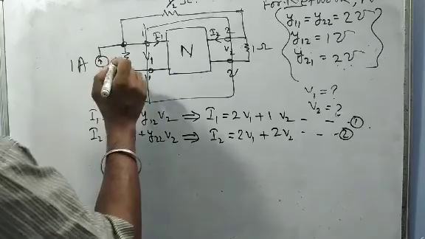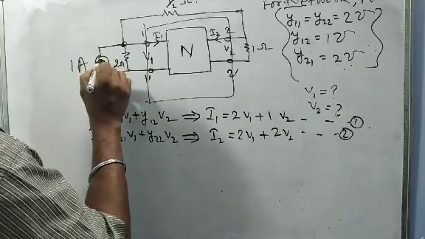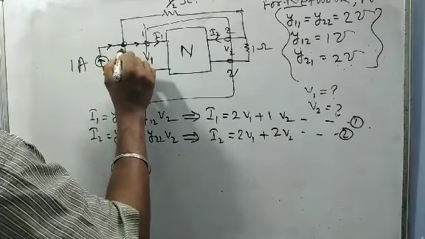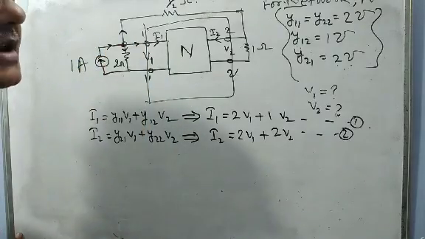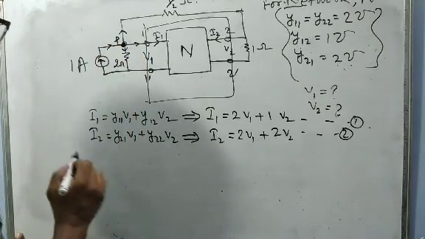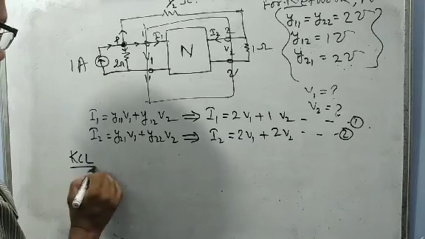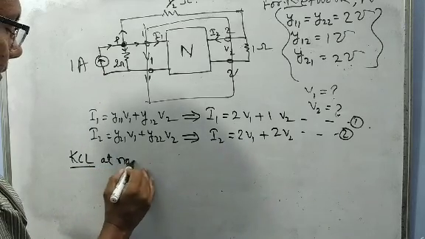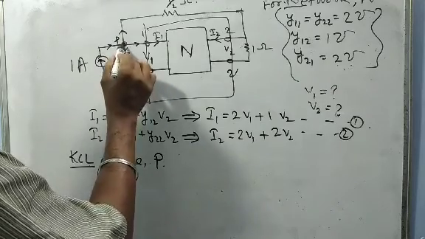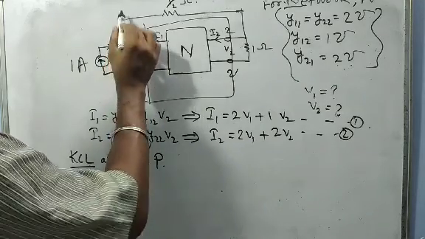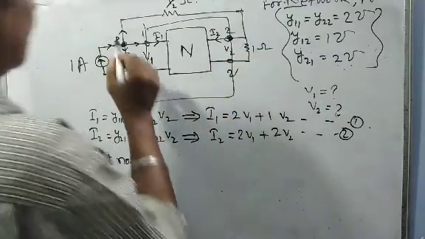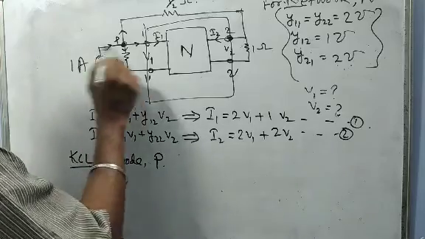Now you can see this current. This is an independent current source of 1 ampere. This current will flow here. You can apply KCL at the node P. This current is entering, and these are leaving. First, what is the current entering?